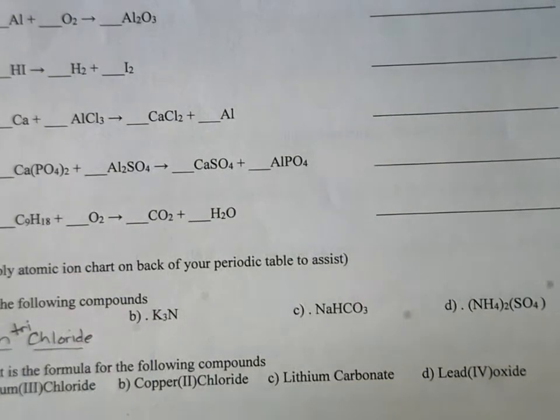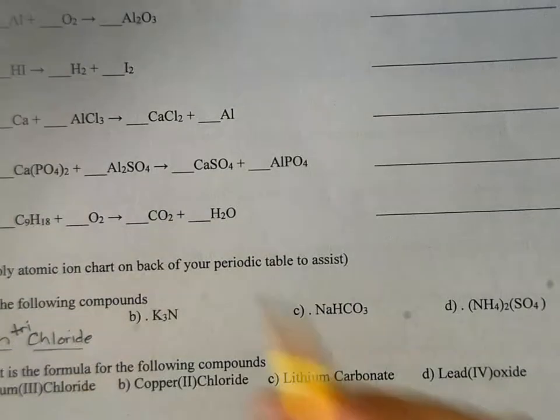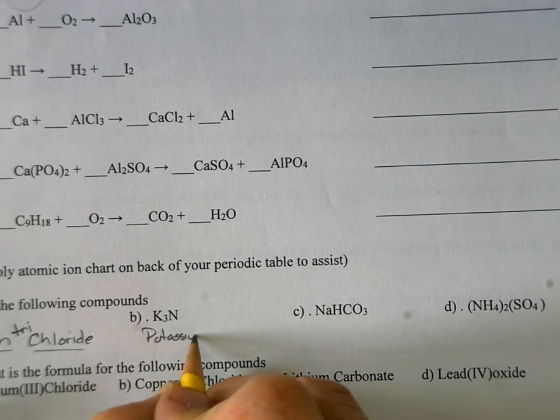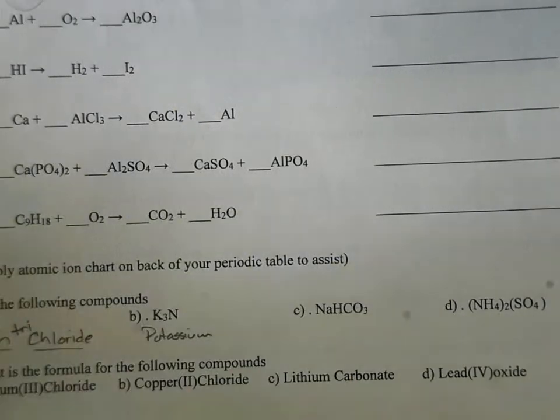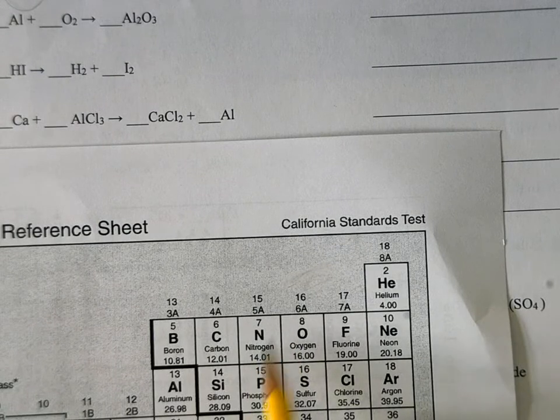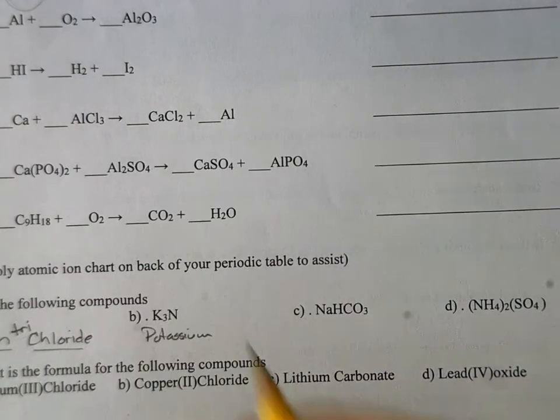K is our friend potassium. So you look on the chart. N is nitrogen. Now we always end the nonmetals in "ide", so it's not nitrogenide, but it's nitride. So nitride.